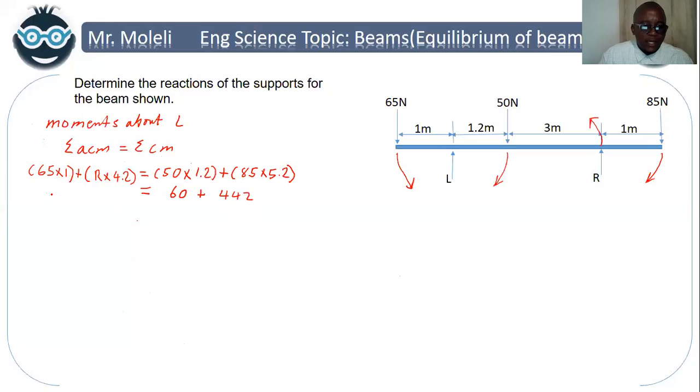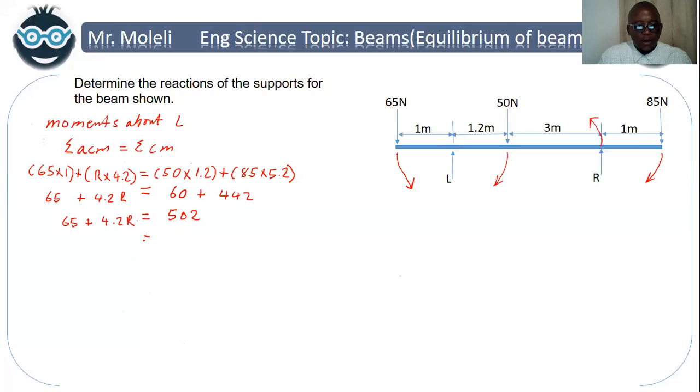And on this side, you have 65 plus 4.2R. So let us solve this. 60 plus 442 should give you 502. Let me write it down because it's the first time. I mustn't skip steps, to avoid confusion.